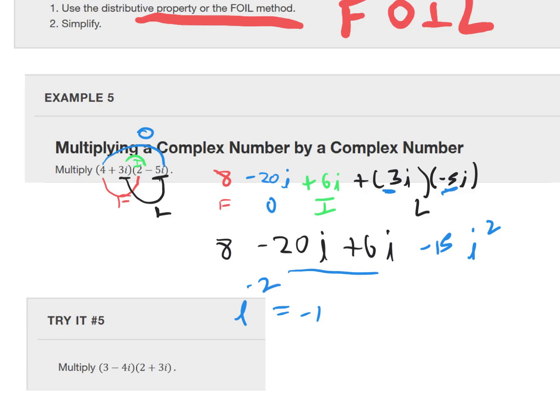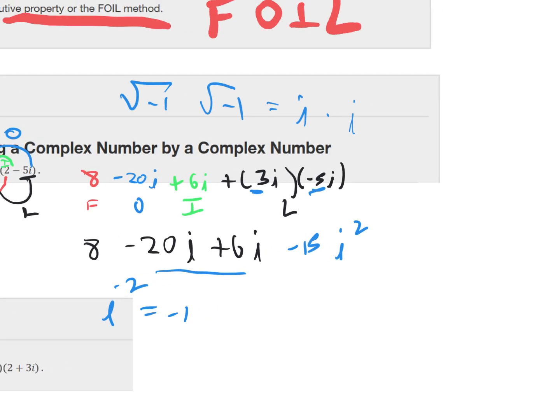And you might be wondering why. Well, remember what i is: the square root of negative 1 times the square root of negative 1. That is i times i. So when you multiply two square roots together that are the same thing, it cancels out the square root. And you can actually look at it like this.